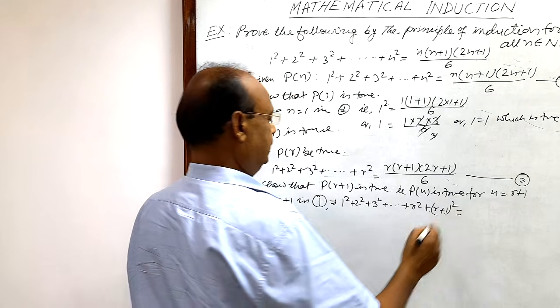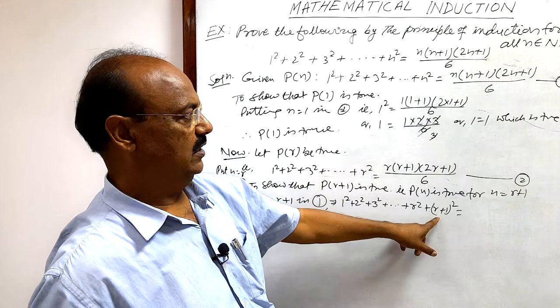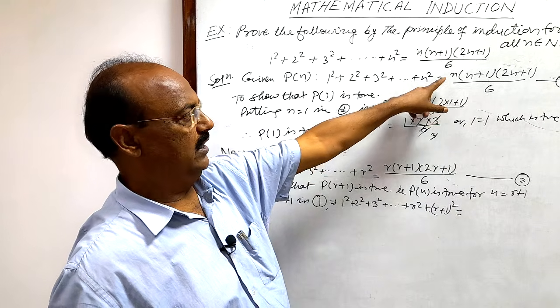This is left hand side. Putting n is equal to r plus 1, and in the right hand side also we'll put n is equal to r plus 1.